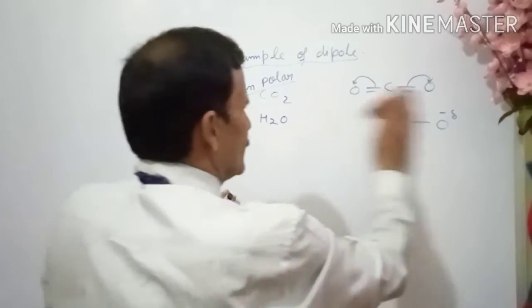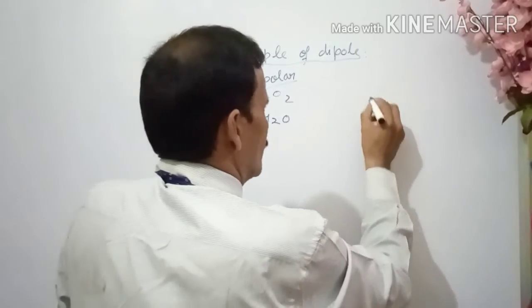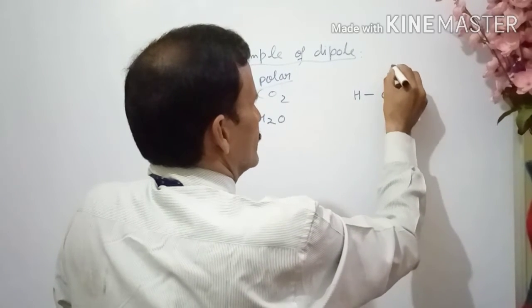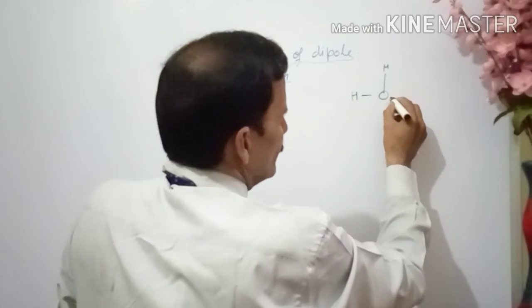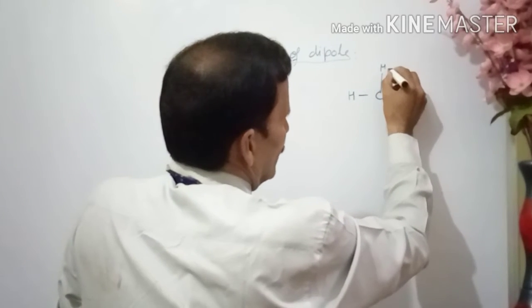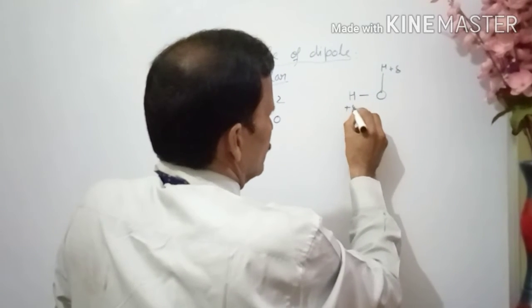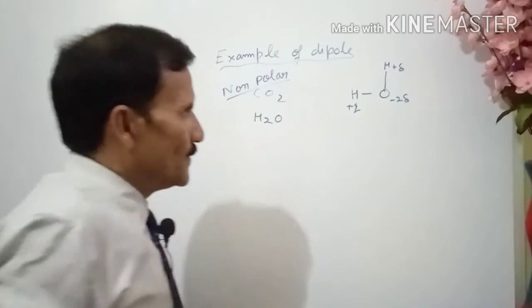But when you take water, then H is here, O, and this is H. So here they get small charges, positive delta here, and here 2 delta minus.